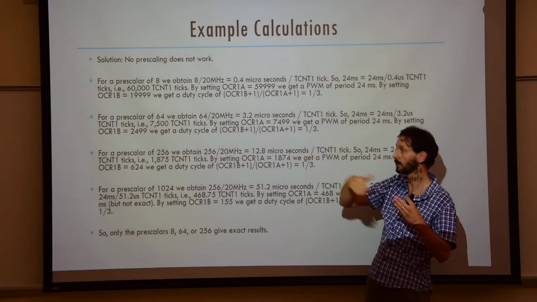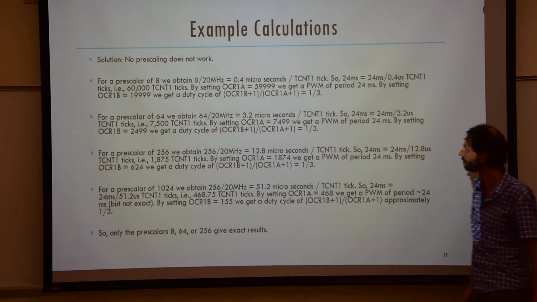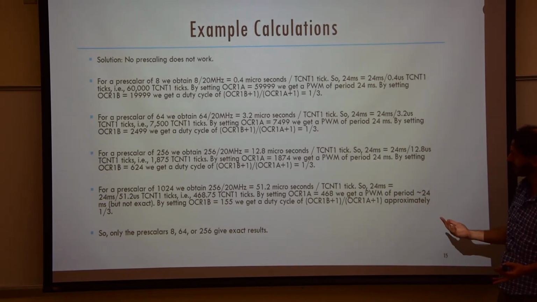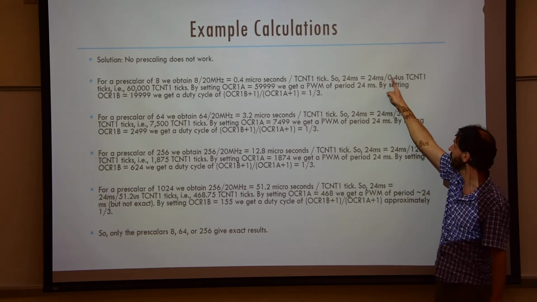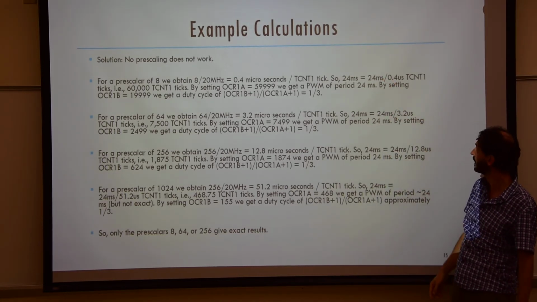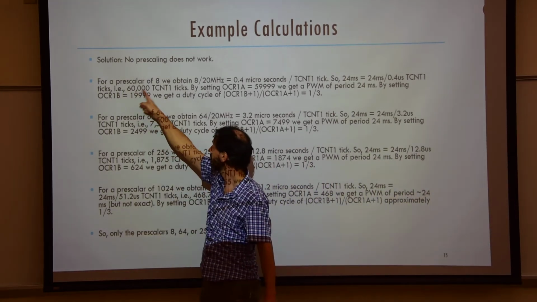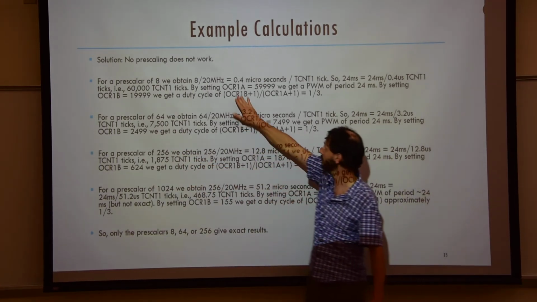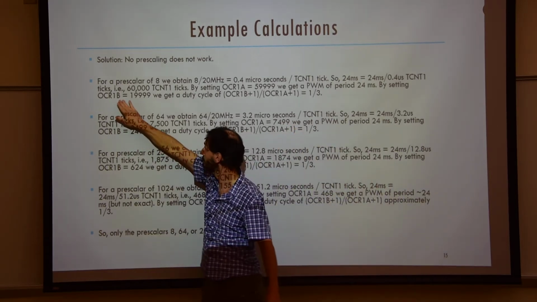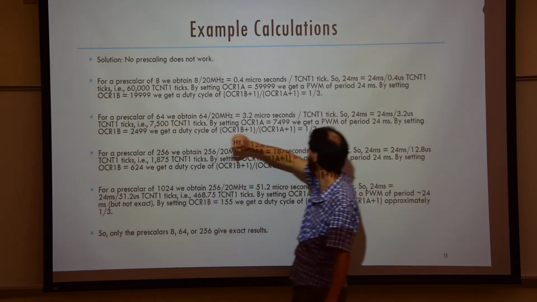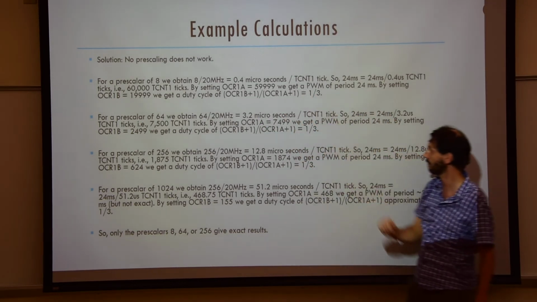So every single increment of TCNT1 takes 0.4 microseconds. What does that mean? It means that 24 milliseconds divided by 0.4 microseconds is equal to 60,000 ticks. So by setting OCR1A to 60,000 minus 1 and setting OCR1B to 20,000 minus 1, we get the right period, exactly 24 milliseconds, and also a duty cycle of 1/3.